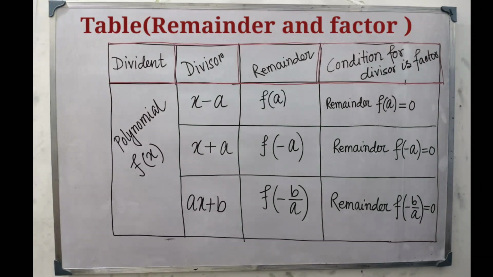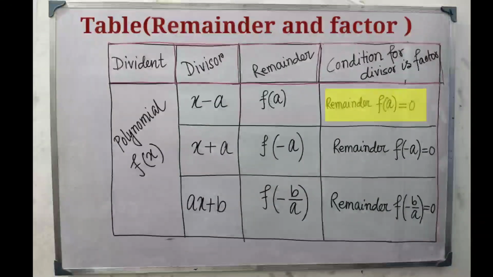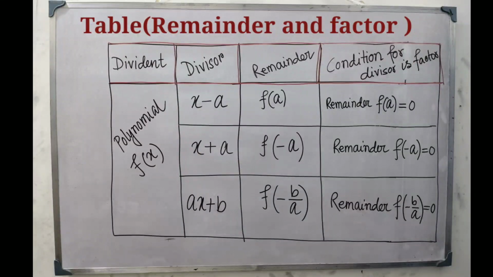So if divisor is x minus a, in that case remainder will be f(a), and condition for divisor to be a factor is remainder f(a) equals to 0. Okay, and second one x plus a. Actually I have written all the information in a table so that you easily get it. Okay, so this completes today's class.